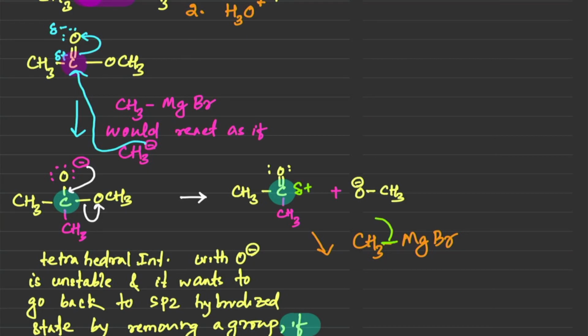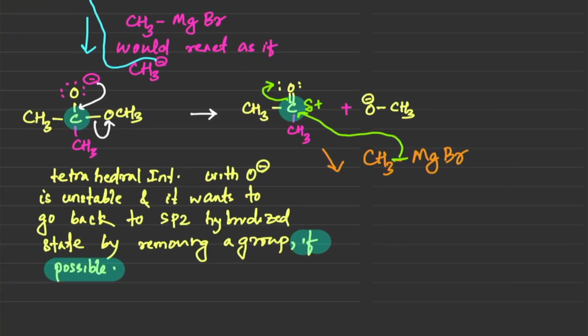So you will react here, and you'll push the pi electrons again towards oxygen, and then you make another tetrahedral intermediate, CH3CO minus, and we know it has 3 lone pairs, and then we're going to have a second CH3 here.